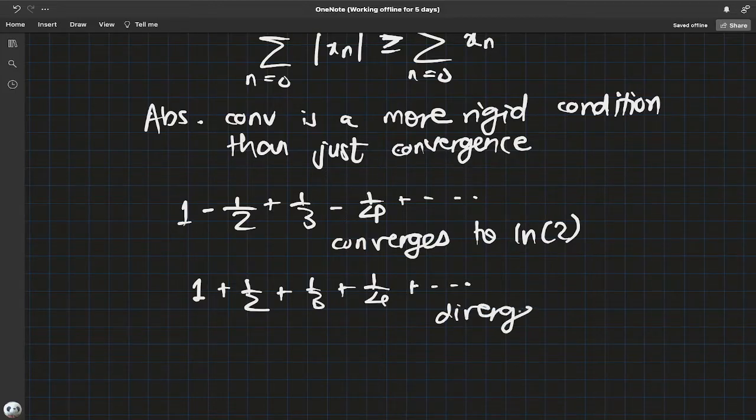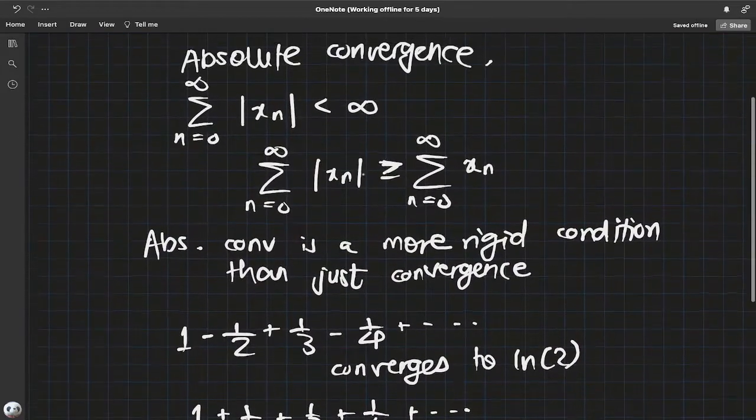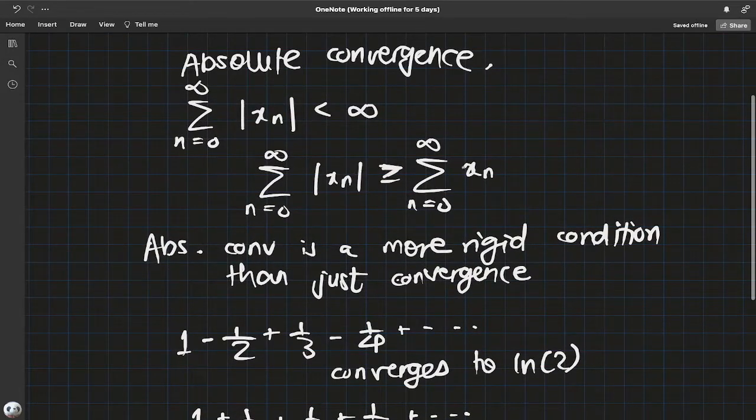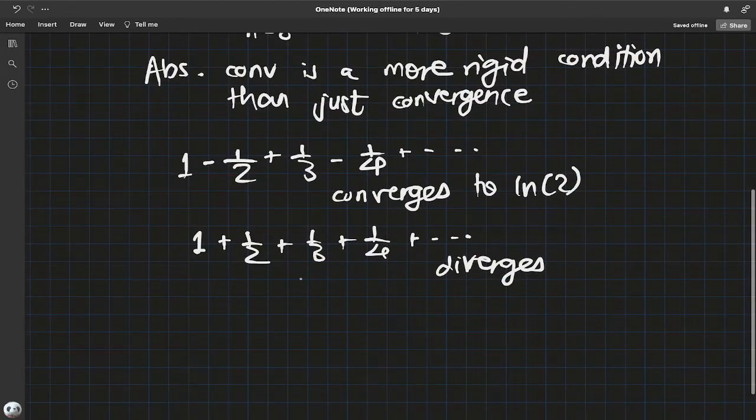So if the absolute value of the series diverges, the non-absolute value series may or may not diverge. It can converge, like in this case it converges, but the absolute value diverges.